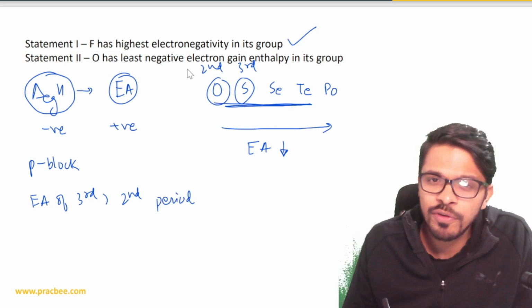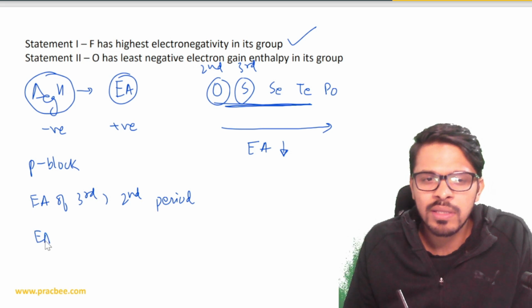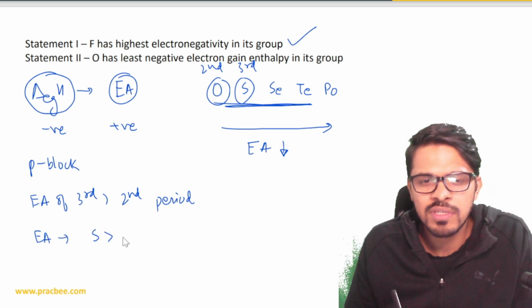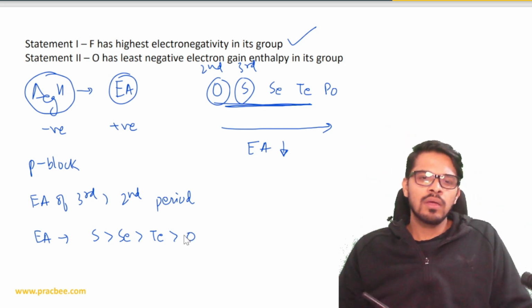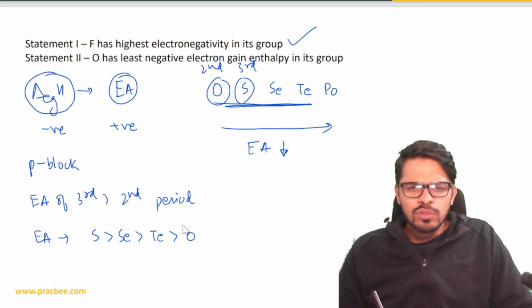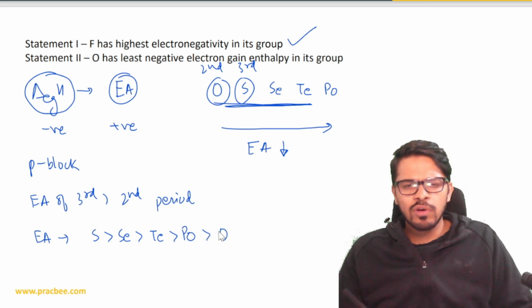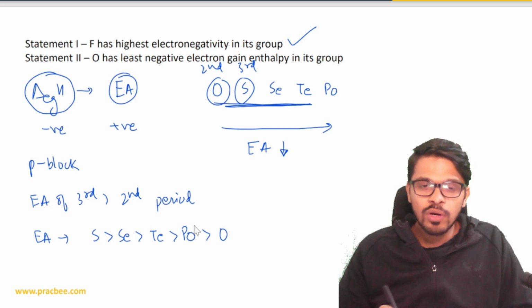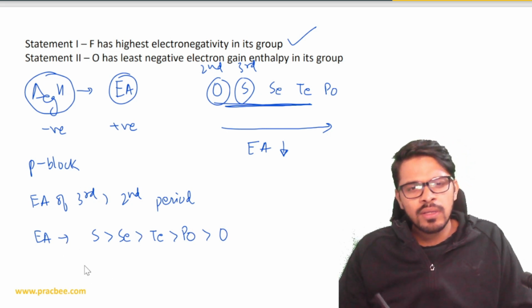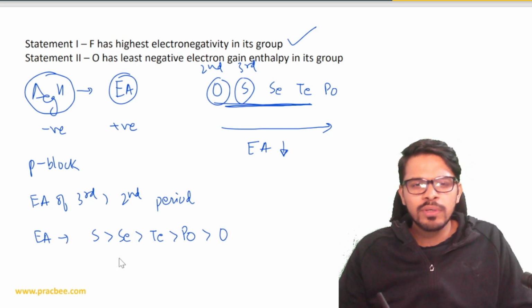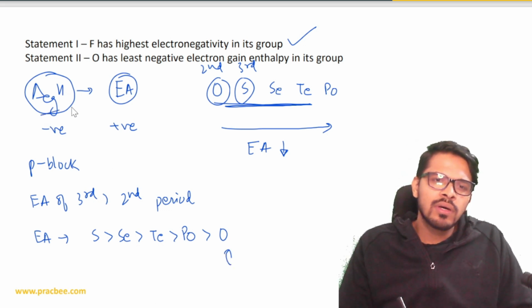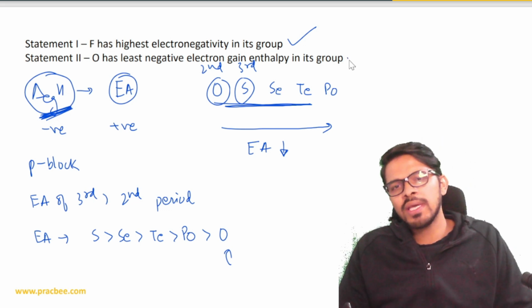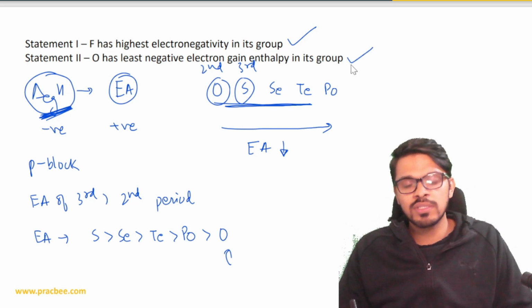In this family the electron affinity order is sulfur, selenium, tellurium, and at the last we have oxygen. If you want to take polonium also, polonium will come here and then we will have oxygen. This is the order of the magnitude of electron affinity, and oxygen will have the least negative value of electron gain enthalpy as well. So both these statements are correct.